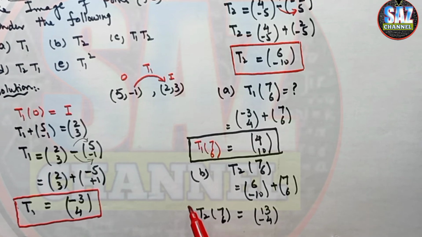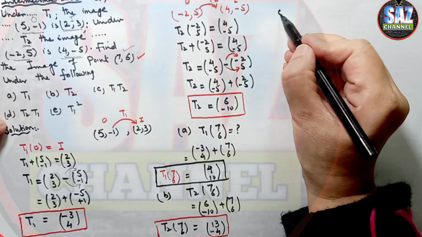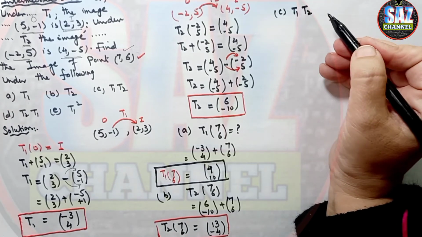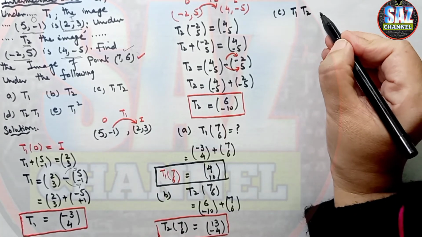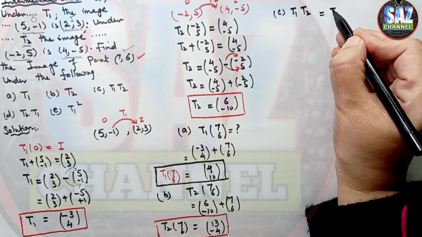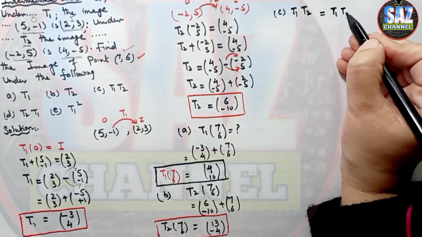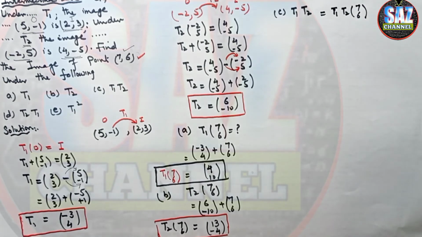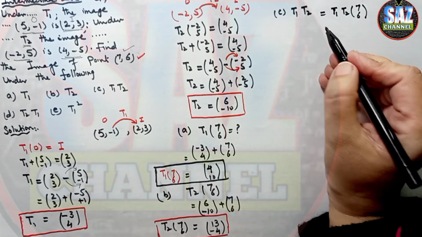And the third part, let me move to C part of the question. C part is T1 T2. Okay, now what we can do is we have to understand this in this way, that T2 has to be applied on (7, 6) first. Answer of T2 of (7, 6) is (13, -4).